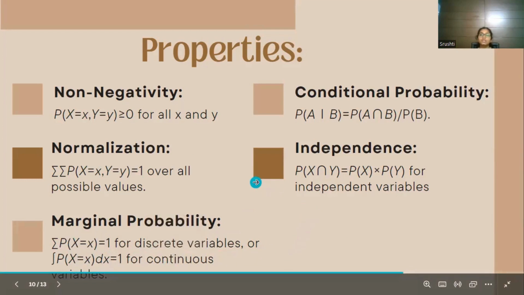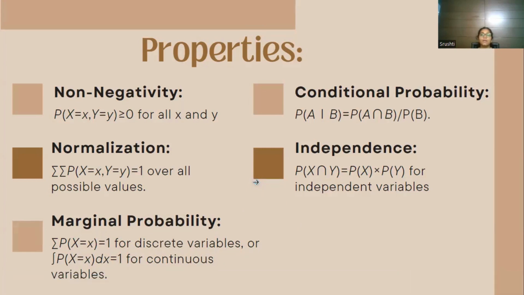The next one is conditional probability. P of A given B equals P of A and B divided by P of B. Next is independence. P of x and y is equal to P of x into P of y for independent variables, as we have seen in the previous example.